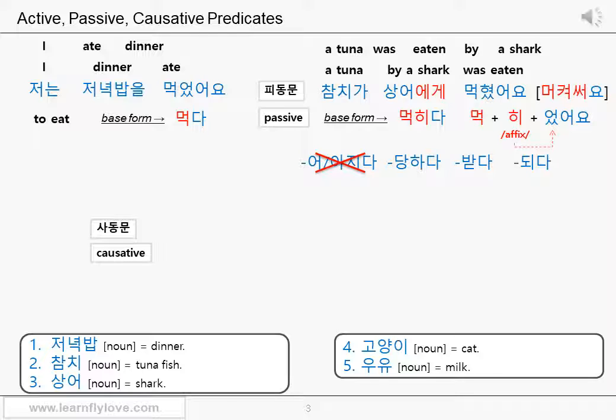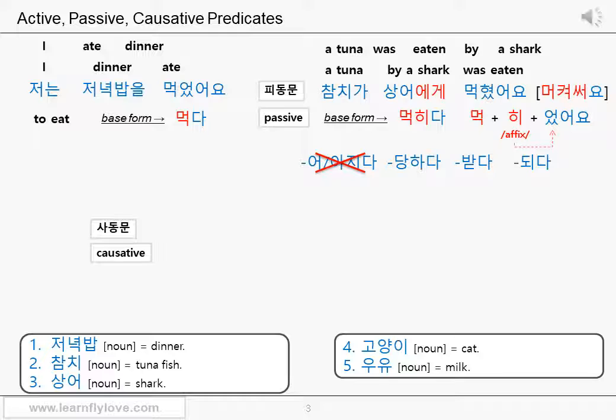And there were 당하다, 받다, 되다. These three assistant predicates are used to the particular verbs that cannot make the passive form with either the affix 이히리기 or 어지다, 아지다.